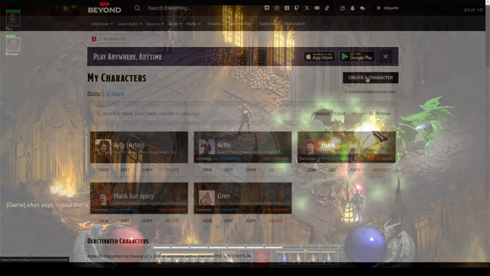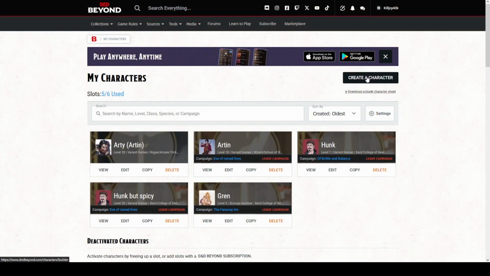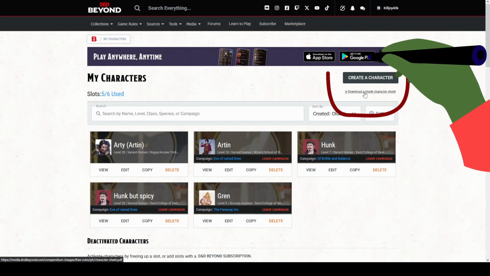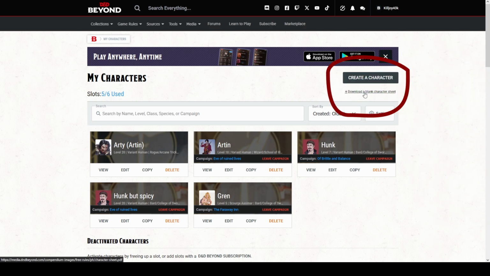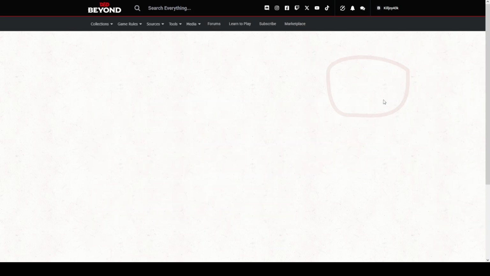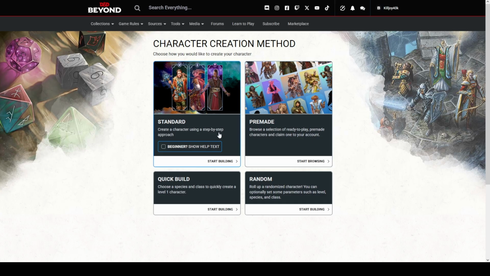So as soon as you get here, you can either download a blank character sheet if you just want to have one available, or you can go to create character. There are a couple options. Standard is what we're going to be going through today. If you're brand new, you can hit the beginner button, and it'll show you step by step how to make a character.